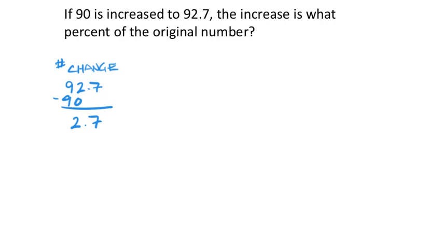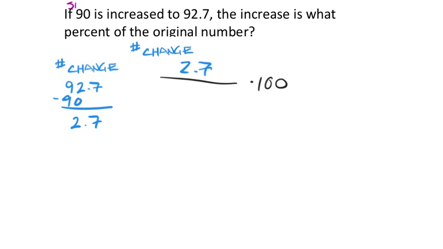So in our formula for percent of change, where we're going to multiply it by 100, the amount of change needs to be here in the top. And we already know that changed by 2.7. Can we put the 90 underneath? Yeah, so what was the original? And this is where you got to be careful. You got to read this very, very clearly, original, or I guess starting, right?